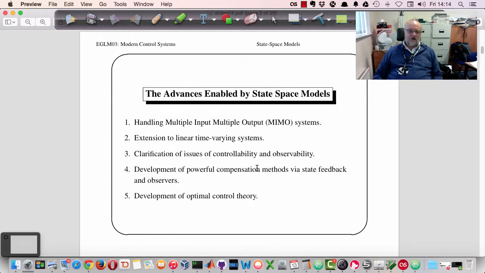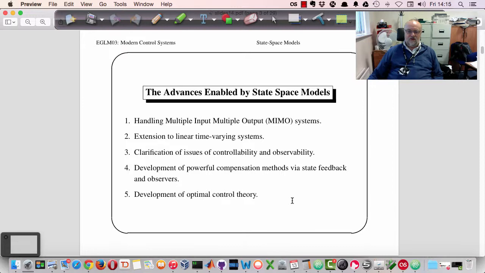Things we can do with state space models: we can handle multiple input, multiple output systems without too much difficulty. We can extend the ideas to systems where the coefficients are time varying. We can also look at things like controllability and observability, which are important concepts that we'll talk about later. We can look at powerful state compensation feedback methods such as state feedback, observers, linear quadratic regulators, and so on.